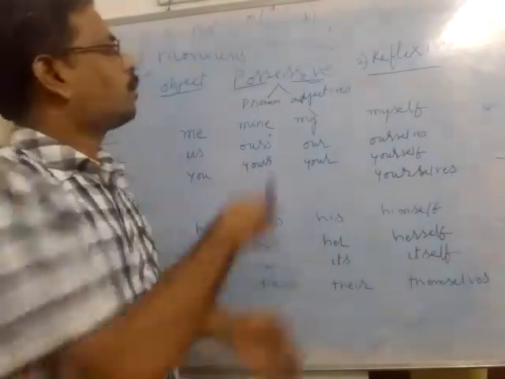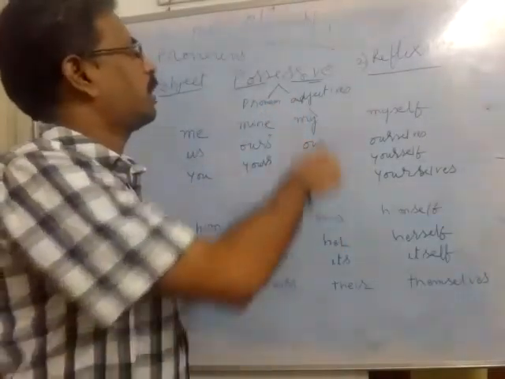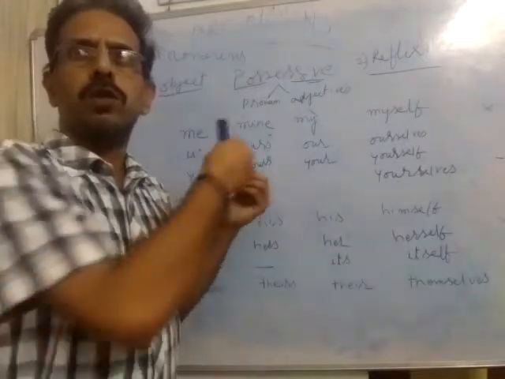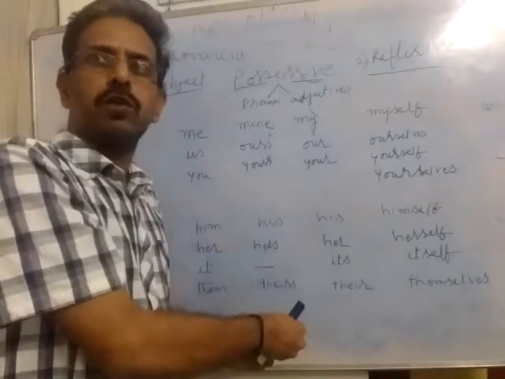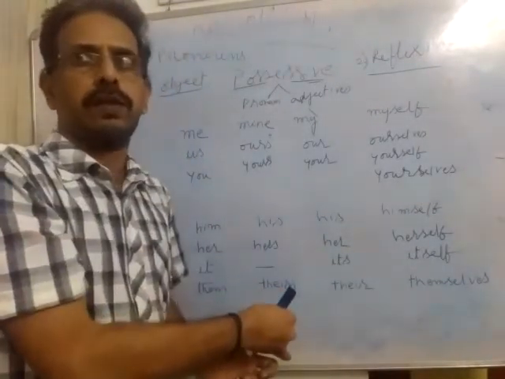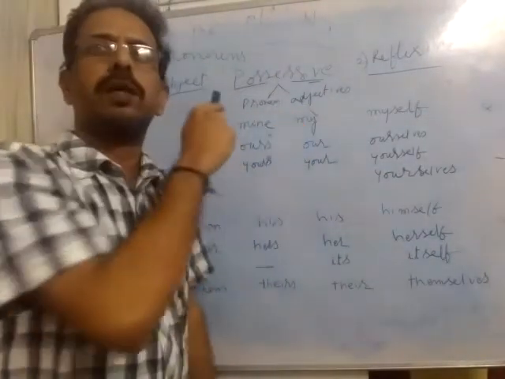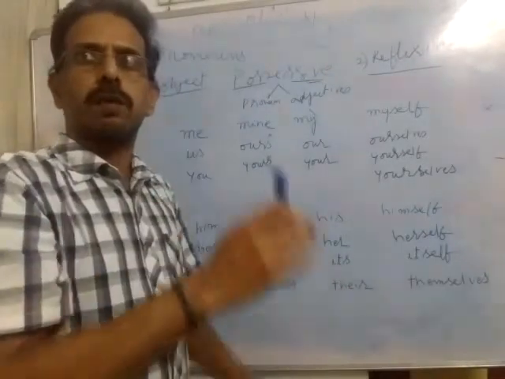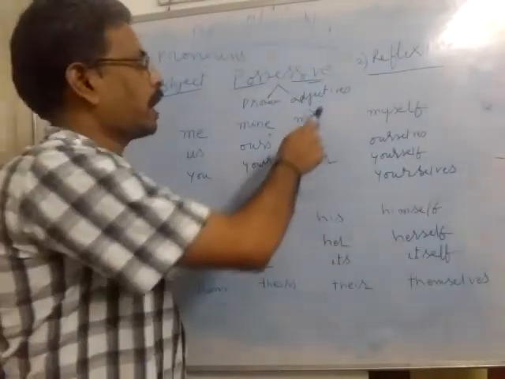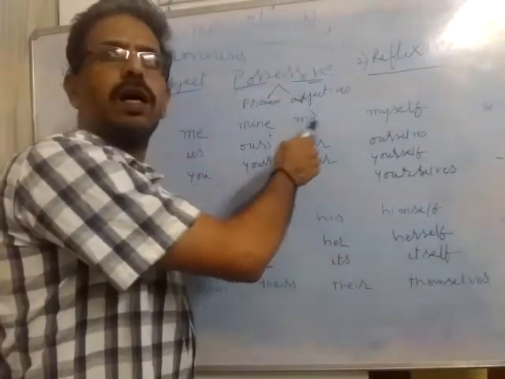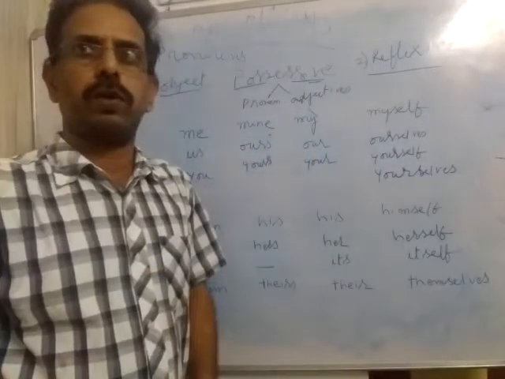So if you are using these possessive adjectives, then we need to add a noun to these possessive adjectives to use them in a sentence. So adjectives qualify some nouns. So we need to add some noun forms, nouns, along with these possessive adjectives.